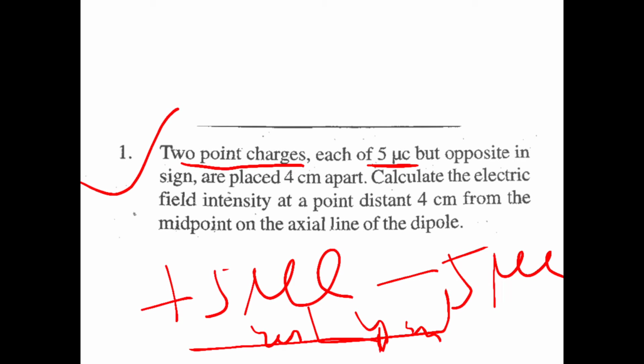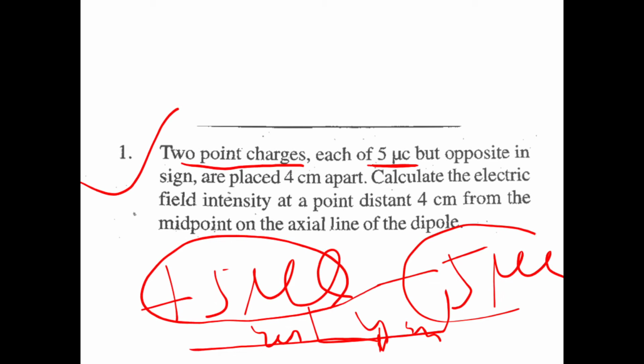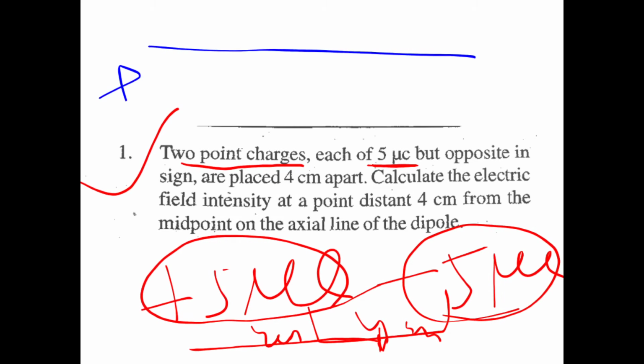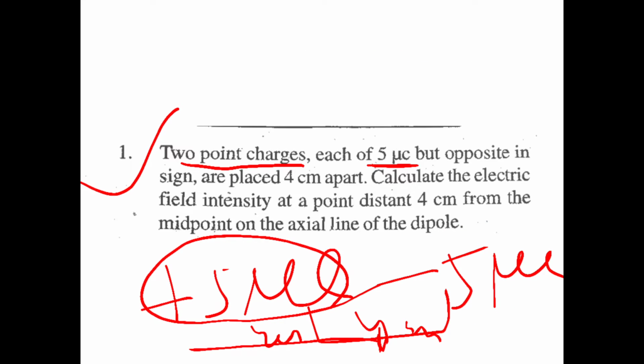How can I solve this? So let's see what is the trick. The main trick here is that if the charges are opposite in sign and equal in magnitude, it is a dipole. One is 5 microcoulomb and one is minus 5 microcoulomb, and this is the midpoint.